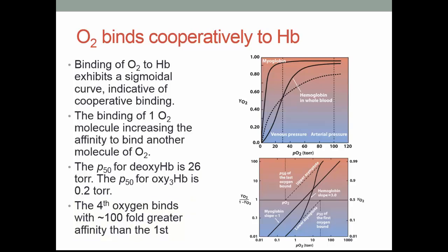Another way to look at the cooperativity of ligands binding to macromolecules is to construct a Hill plot, as we see in the lower second graph, where the ratios of the fractions bound to unbound are plotted against increasing ligand concentration. If the slope stays the same, or we have a linear line, we can see that there is no cooperativity, as we see with myoglobin.